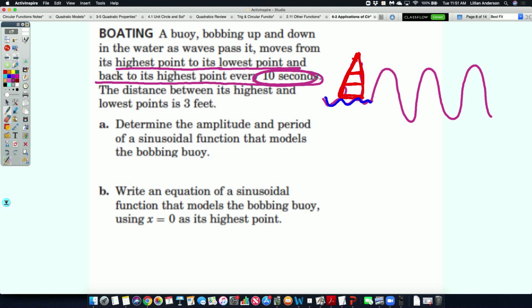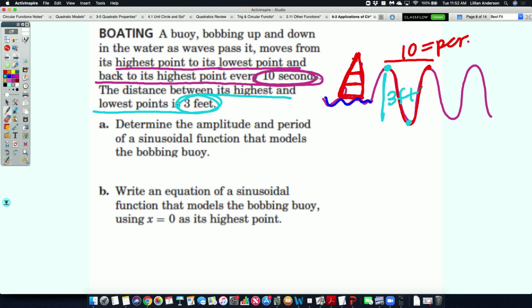What do you think that 10 seconds represents? Period. It represents the period because it goes from highest point to lowest point back to the highest point in 10 seconds. That is one complete cycle. So 10 represents our period. Now it says the distance between the highest point and the lowest point is 3 feet. So that means from here to here, that distance is 3 feet.